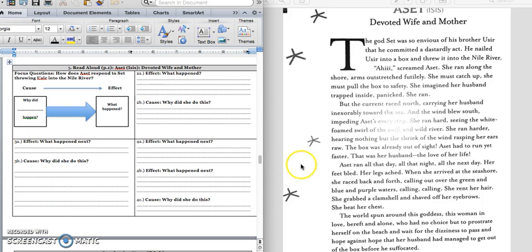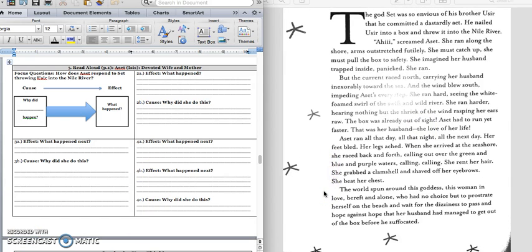It says what happened next? Well, we already have it labeled in our text. She had to run harder and faster after the box. And then why did she do this? Well, we already have it labeled. The current raced north, the wind blew south, and the box was already out of sight. Press pause to write down your answer and play when you're ready for number 4.